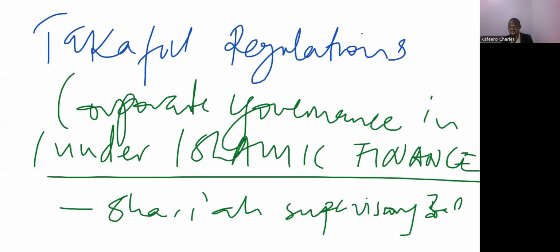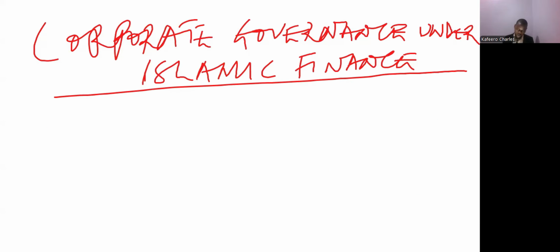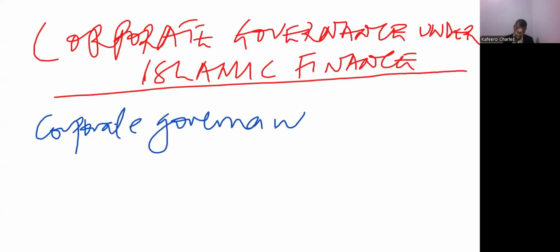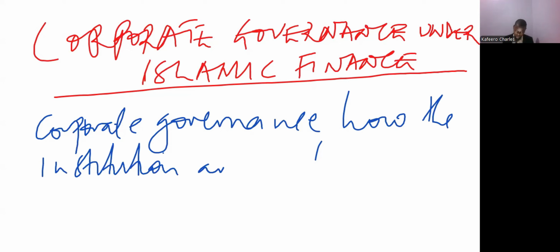We will see its roles and also its members. What are some of the members that are supposed to be part of that Sharia Supervisory Board or Sharia Supervisory Council, whichever they call it. So when we talk about corporate governance, it's all about how institutions are directed or managed.